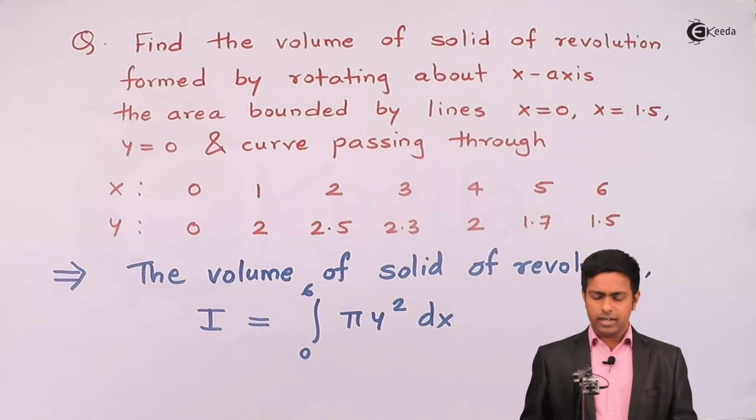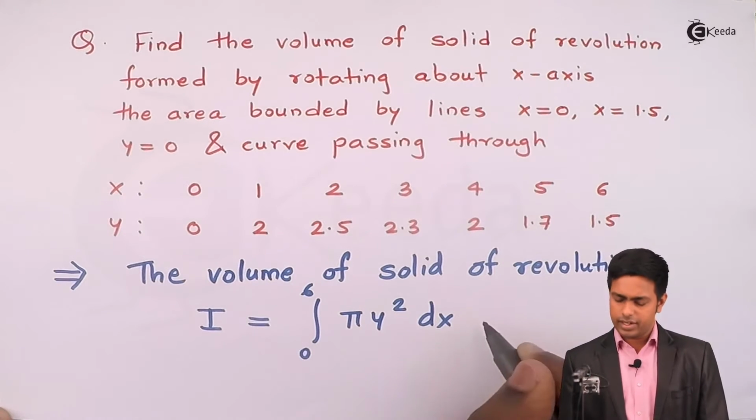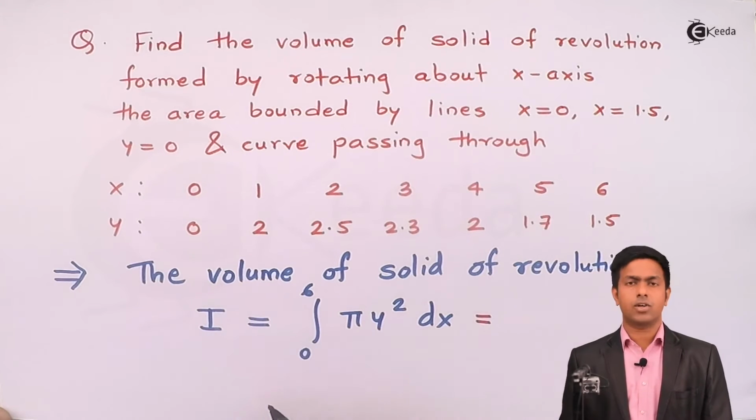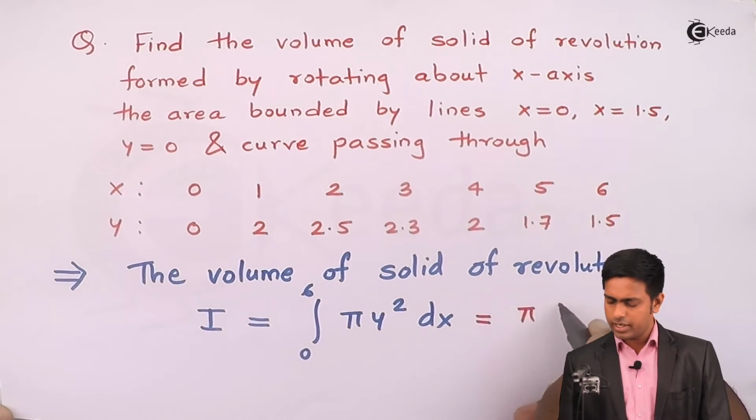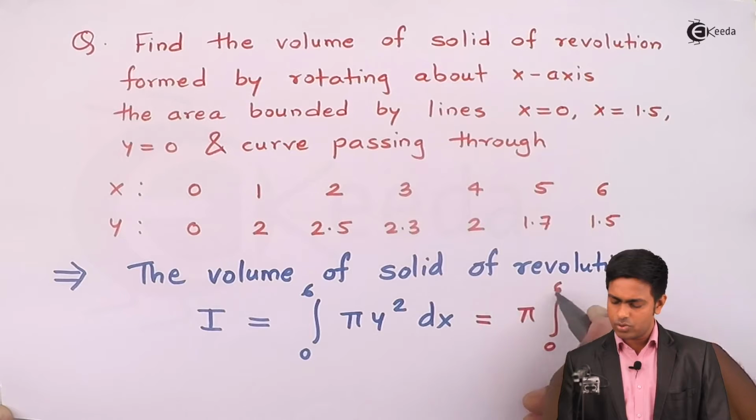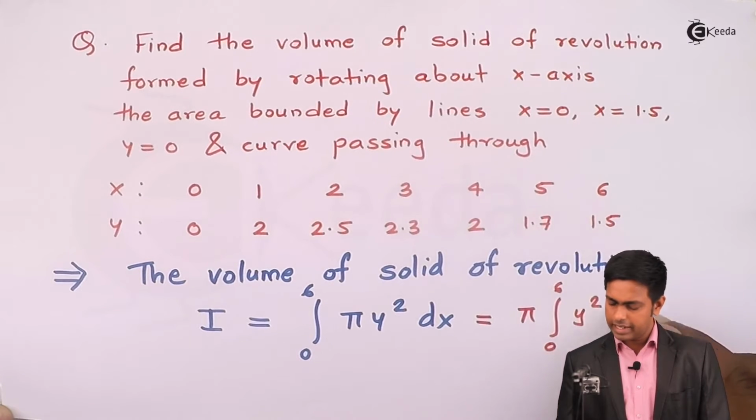Now one more thing: to get the answer of this integration, you can see that pi is a constant. So we'll take pi outside and get pi times the integration from 0 to 6 of y square dx.